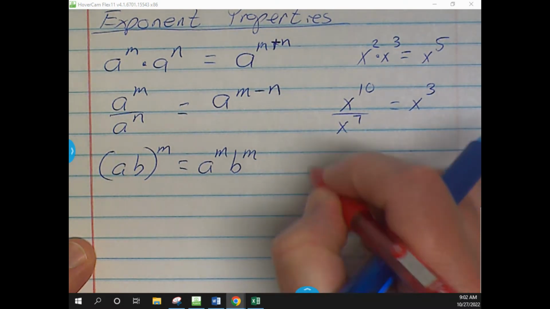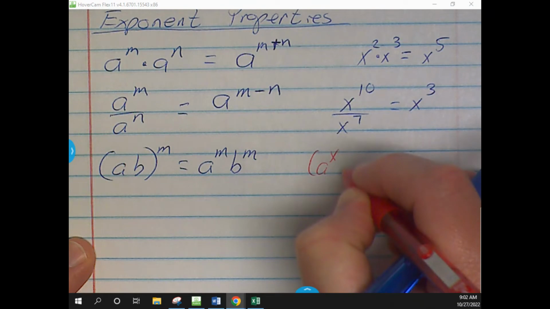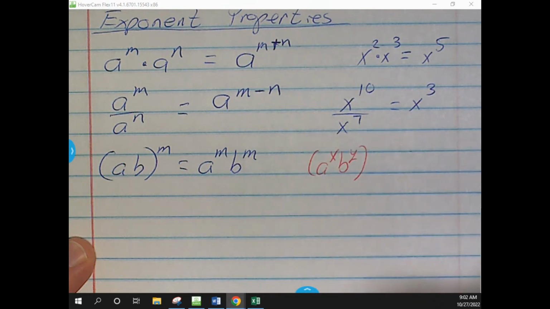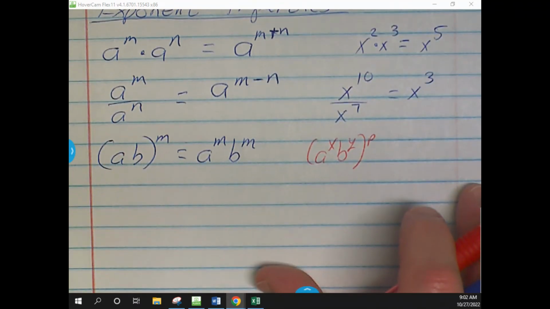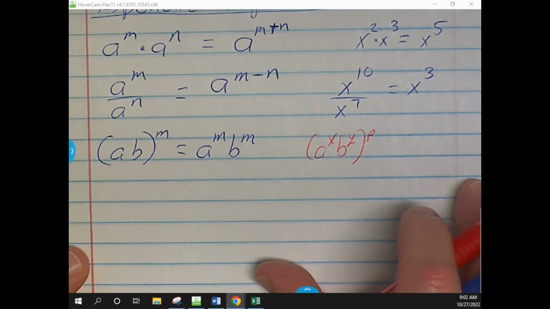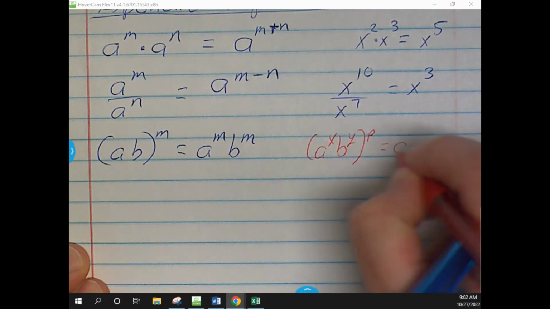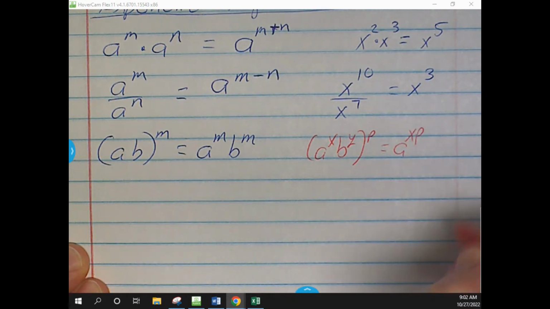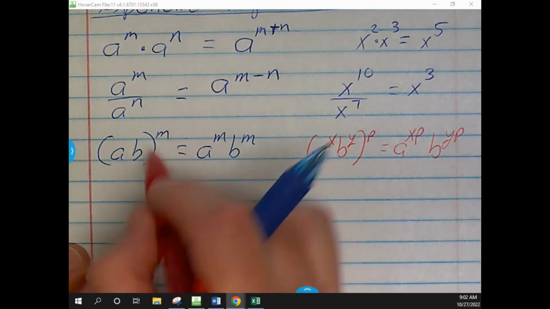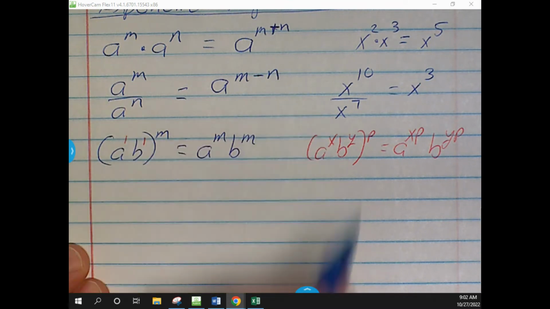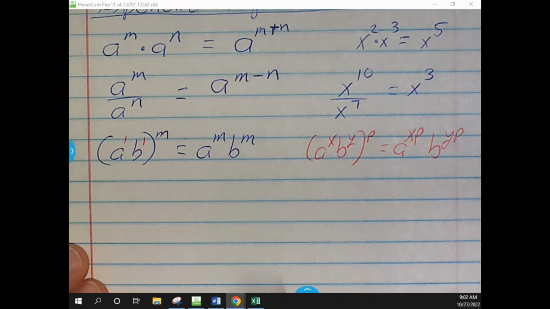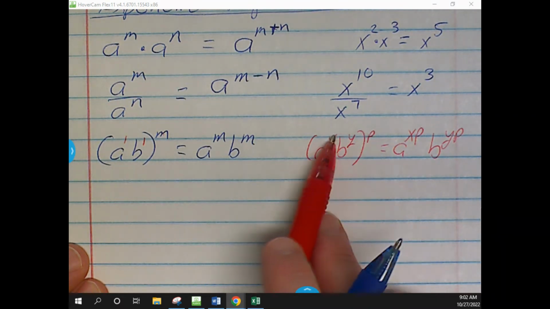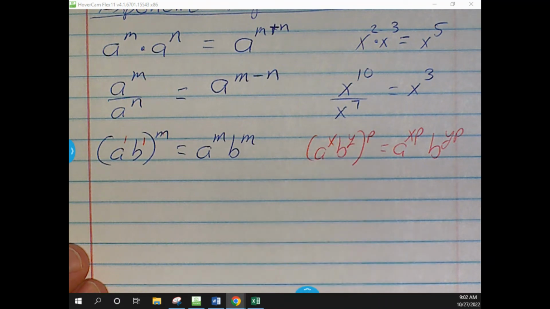Let's say you had a to the x power and then b to the y power, and we're going to take that on the outside to another power, p. Basically it's like the distributive property, so we're going to wind up with a to the xp power and then b to the yp power. Whatever you have on the outside, you can almost think about those as being ones, so it's m times this and m times this. You've got to take whatever this power is on the outside and distribute it. You've got to multiply it by every power that's on the inside.